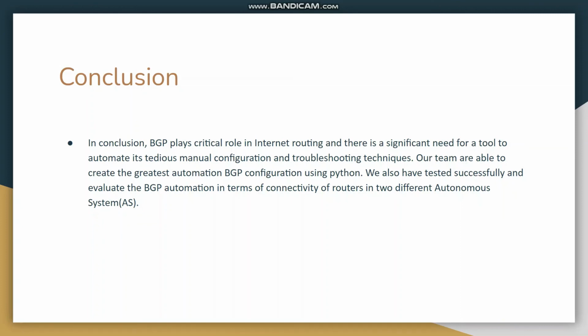We have tested the program and it is successful, and we have evaluated the BGP automation in terms of the connectivity of routers in two different AS. Okay, that is all from my team.